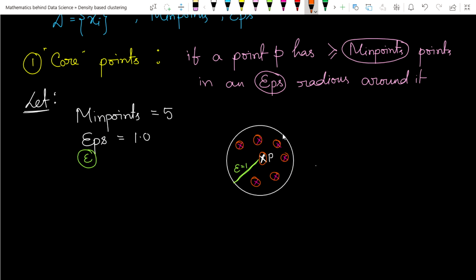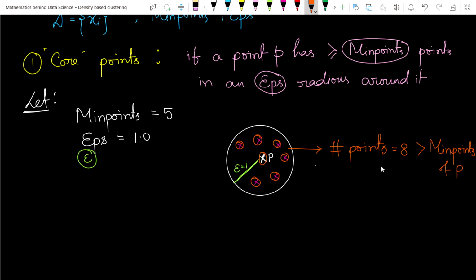In that region, the number of points is 1, 2, 3, 4, 5, 6, 7, 8, so the number of points is 8. This is greater than the min points of P, because we defined our min points value as 5.